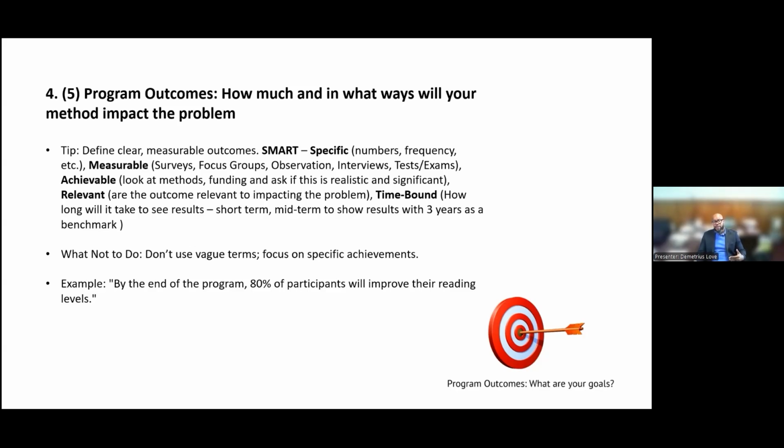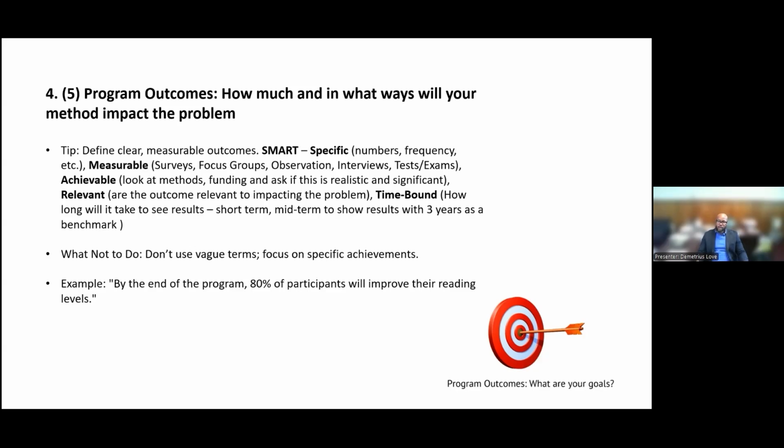Because if your method does not dictate 90%, then that's a problem. If your method, based on your resources, out of those 40 kids, really will get 20, which is 50%, which is not bad. But don't exaggerate and think, okay, I'm going to say 90%. No, you speak to it and you write to what you can achieve based on your methods.